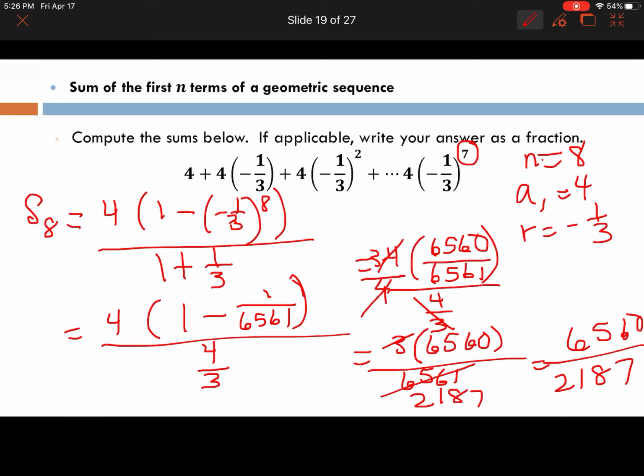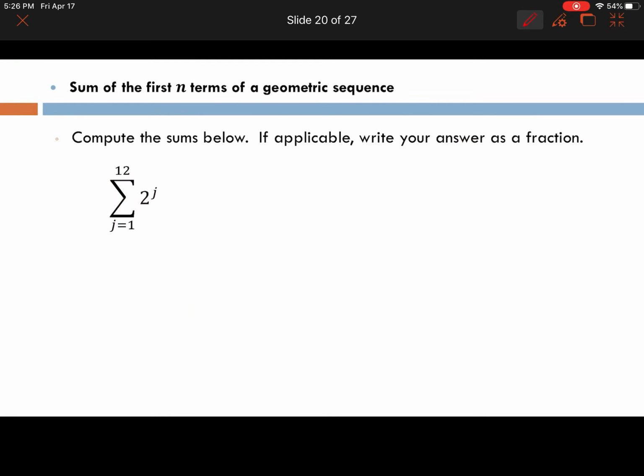Okay, so sometimes we get them in a little bit different form. So here is our sum, our summation notation, right? So again, we need to know n, and we're going to have 12 terms. So we're looking for s sub 12, and n is 12.